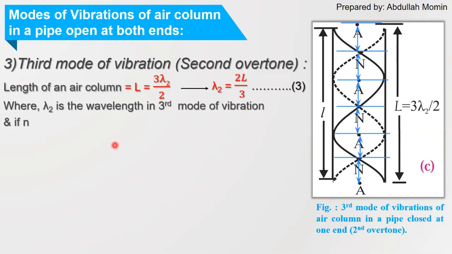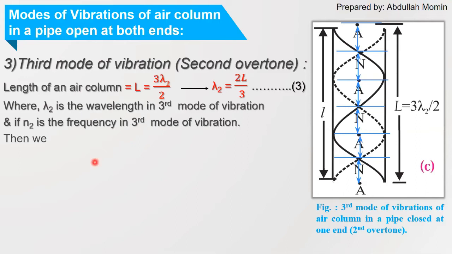If n2 is the frequency in the third mode of vibration, then the equation of wave velocity V can be written as n2 into lambda 2. Now lambda 2 goes to the other side, and n2 can be written as V upon lambda 2. Instead of lambda 2, we put equation number 3.